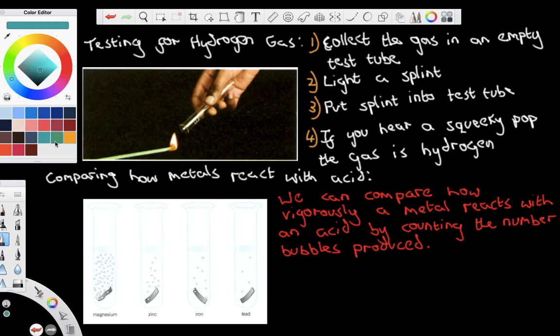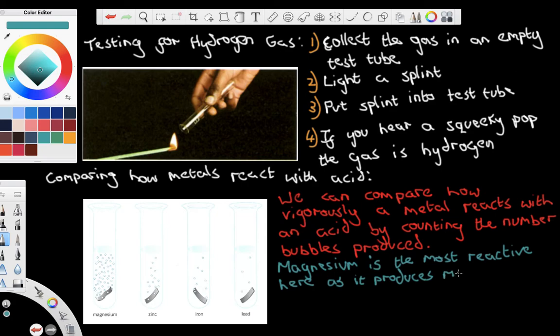So we can compare how vigorously a metal reacts with an acid by counting the number of bubbles produced. And we can say that magnesium is the most reactive here, as it produces more bubbles.